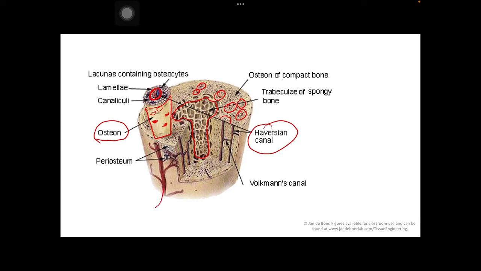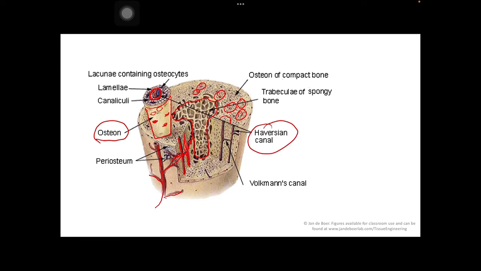Many of these nutrient blood vessels will come from the periosteum, infiltrate inside of this cortical structure, and go up and down through the Haversian canals, right?